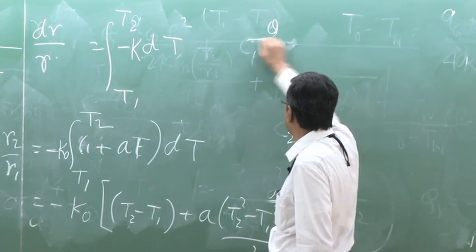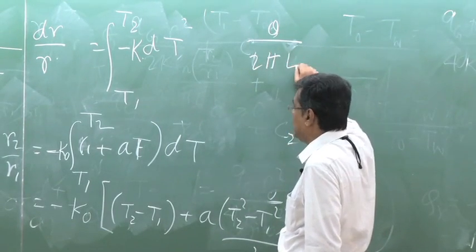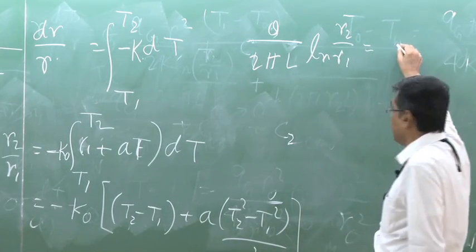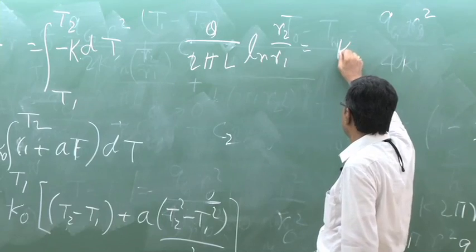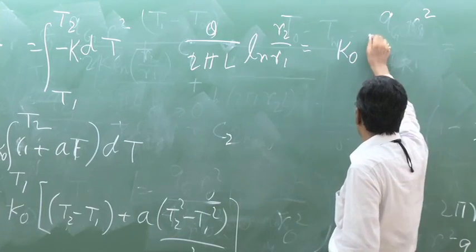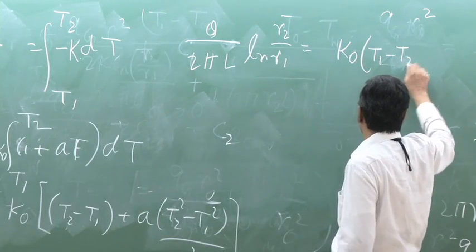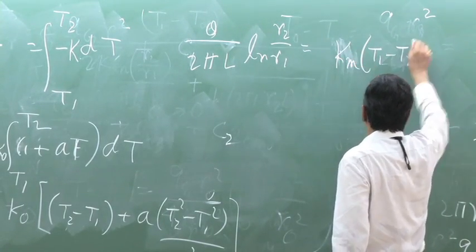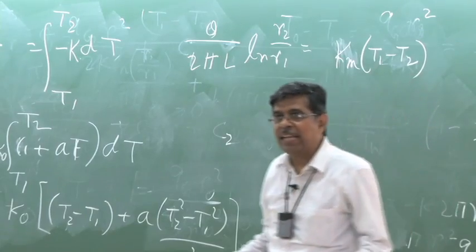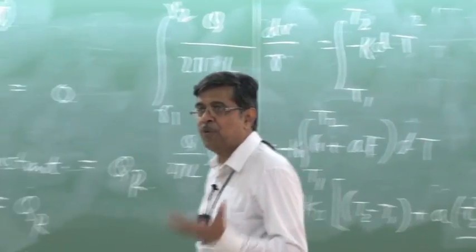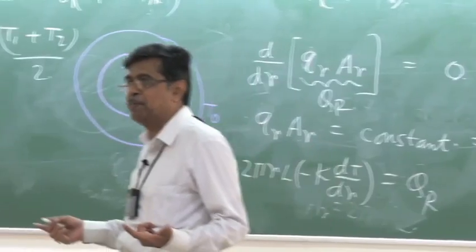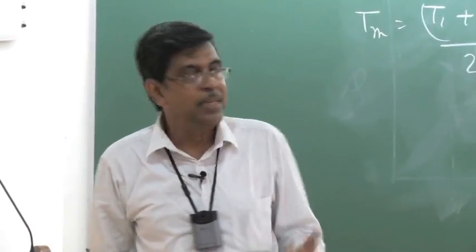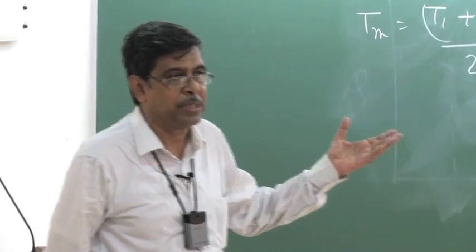Now again I write Q by 2 pi L ln(r2/r1) is equal to, taking care of the minus sign, Km into (T1 minus T2), not K0. Why am I writing this mathematically? Because if this type of linear temperature dependence is there, and we define thermal conductivity at the mean temperature, then it is similar to the constant thermal conductivity case.